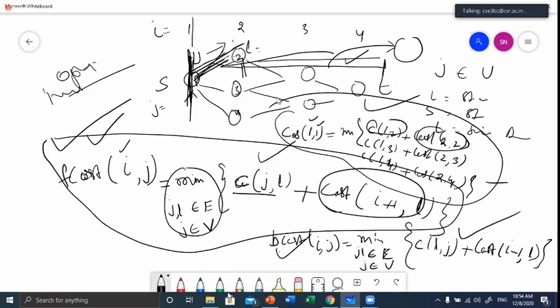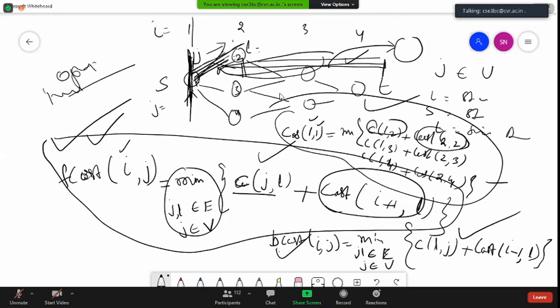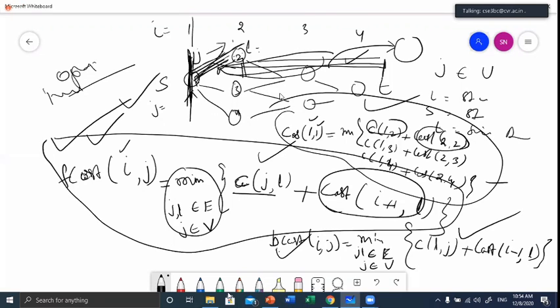What is the optimality principle? Whatever previous stage result you got, that output you are going to take as the input for the next stage. Okay. Then the same thing I'm using here. This input I'm going to take for this 1, 2. Are you clear at this point? Okay. Now by using the optimality principle, I'm solving the multi-stage graph by using dynamic programming. Okay.